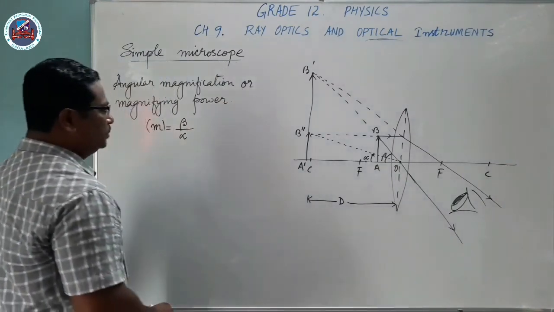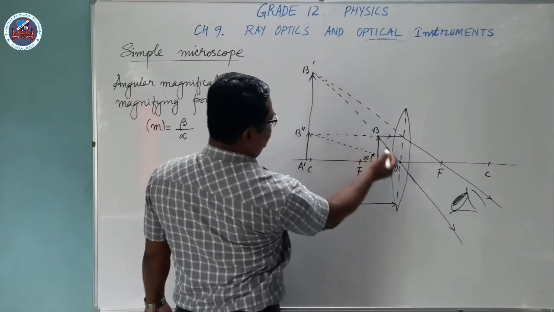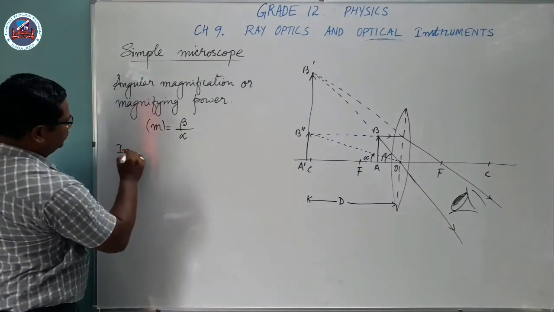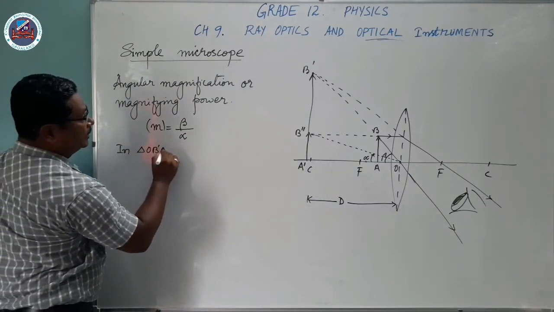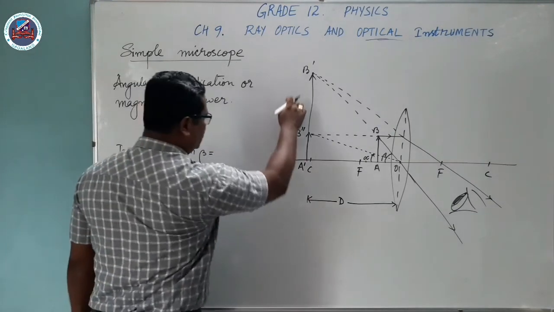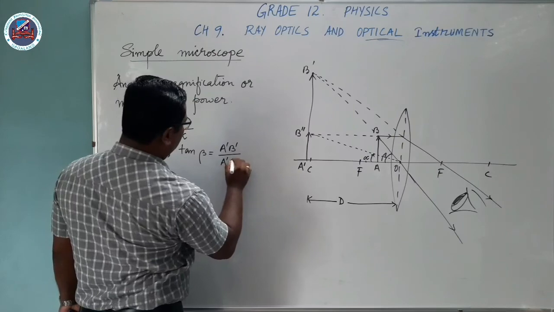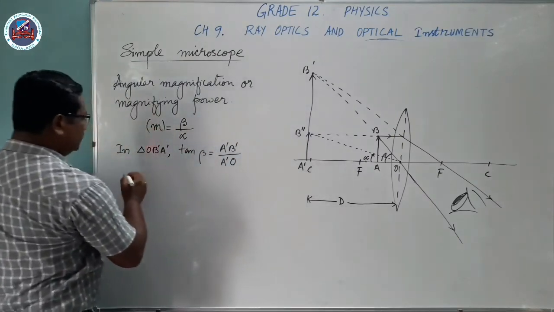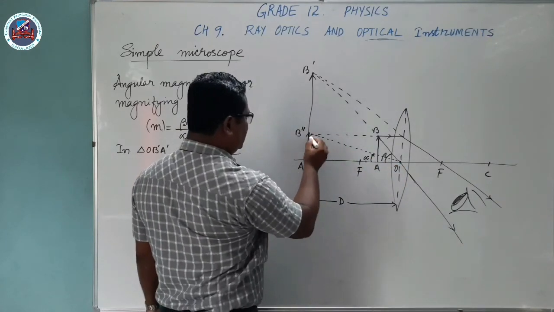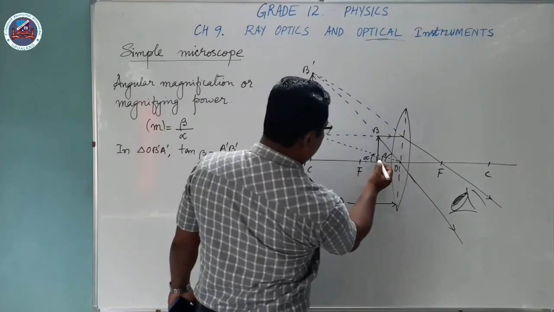Like this you can use trigonometry here. While looking at the final image, take the triangle O, B dash, A dash. In triangle O, B dash, A dash, tan beta is defined as perpendicular, A dash B dash, divided by base, A dash O. And while looking at the object placed at the distance of distinct vision, the object is A, B dash dash, and you get this angle alpha.